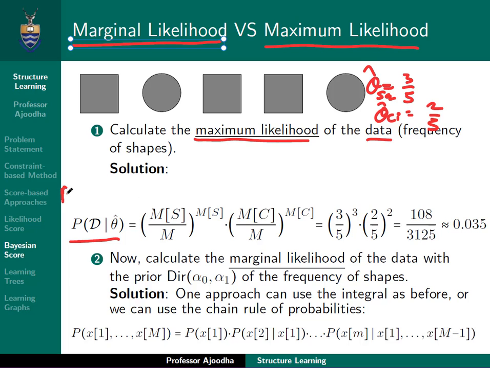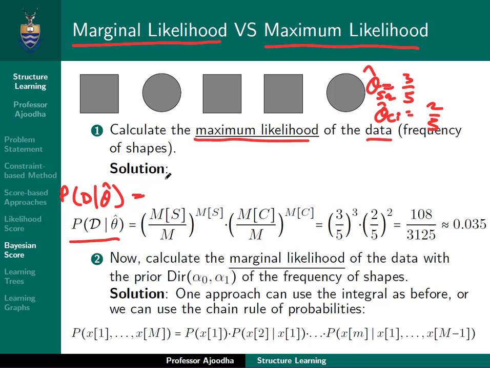So then the probability of the data given the maximum likelihood parameter is equal to the parameter value for the maximum likelihood of a square, and also the parameter value of the maximum likelihood for a circle, raised to the number of times the square appears and the number of times the circle appears. So let's write it out.